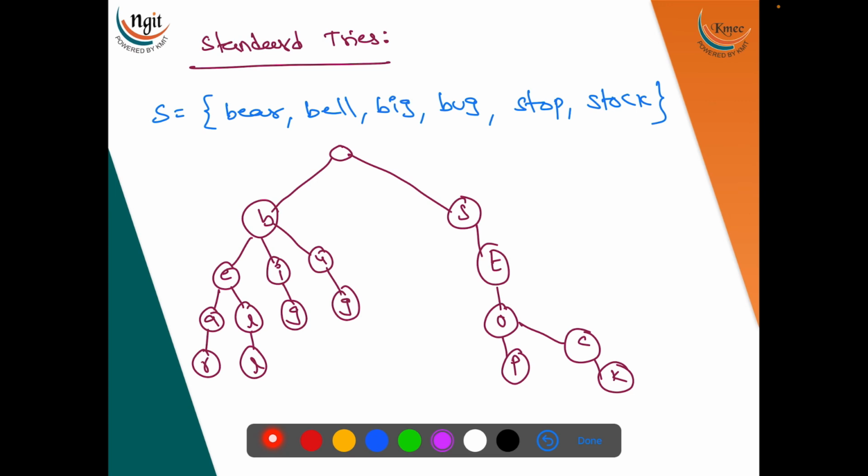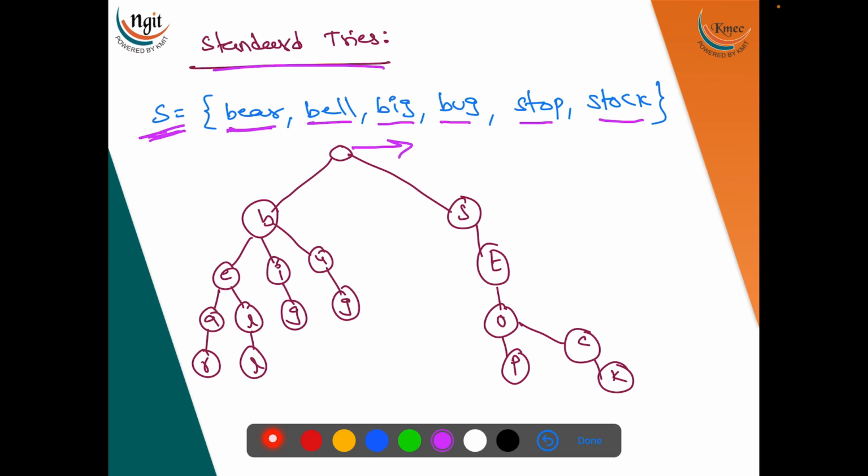Now let's see this example, standard tries. The set of strings S is equal to bear, bell, big, bug, stop, stock. The root node should not have any character, so it is a null node or a dummy node. Now what is the first word? Bear. Each node in the tree except the root node should have a single alphabet.